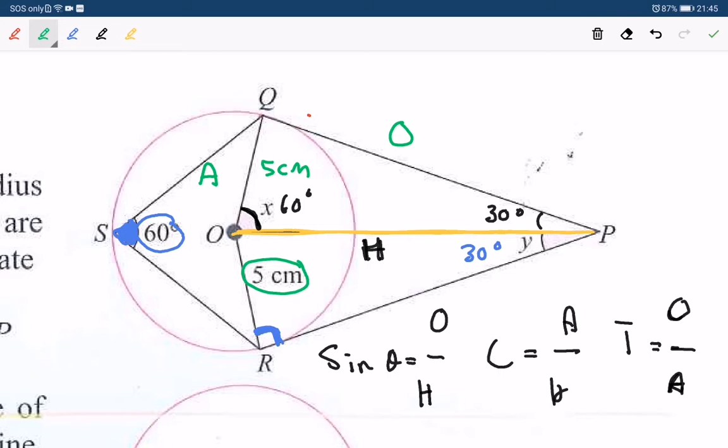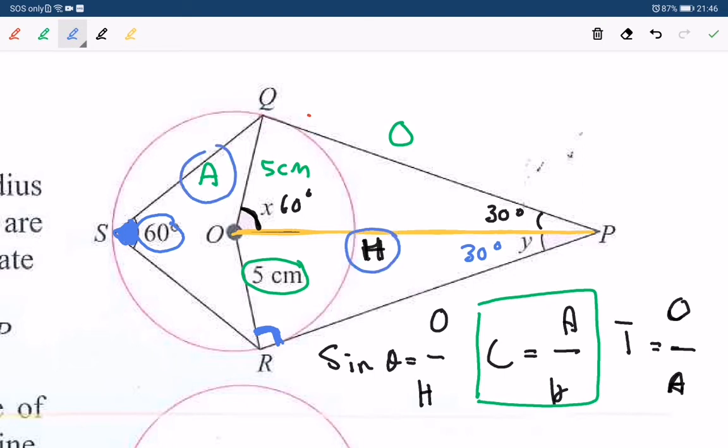So we have the adjacent, so that means we can use cos, because cos has both adjacent and hypotenuse. So cos 60 equal to adjacent is 5 cm and the hypotenuse is OP, the one that we want to find.